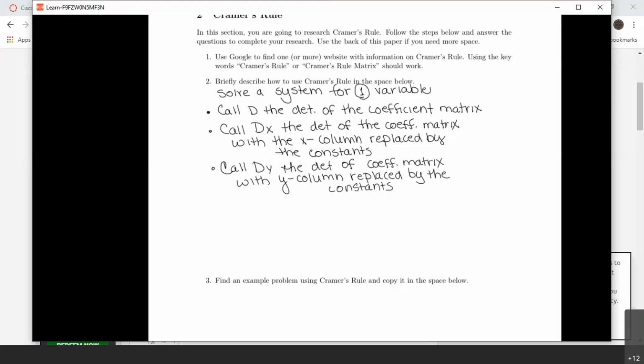And lastly, we're going to call D sub z the determinant of the coefficient matrix with the z column replaced by the constants.